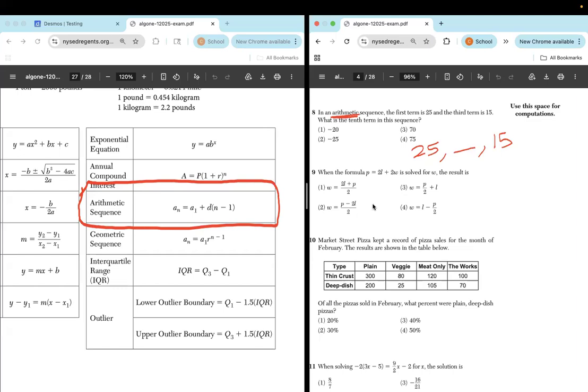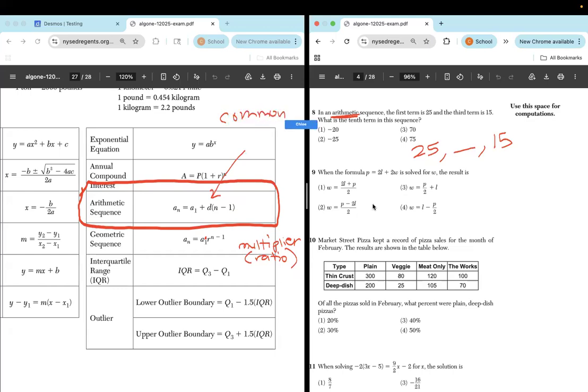The geometric sequence formula says A1 r^(n-1). That means A1 times r to the power of n minus 1. So this one, geometric, is the one that has the multiplier, which is called the common ratio. Now, arithmetic sequence, we can see a plus sign. So that's the one that changes by adding or subtracting a number. That number is called the common difference.